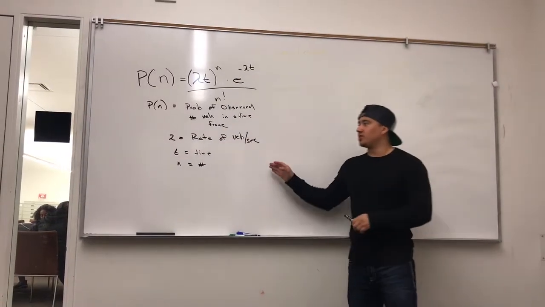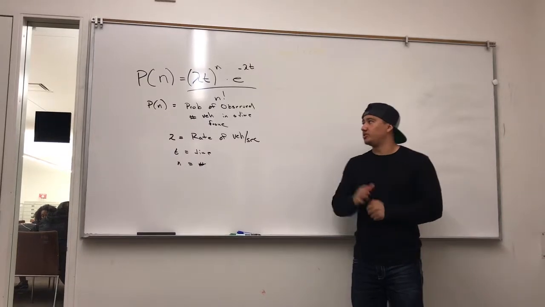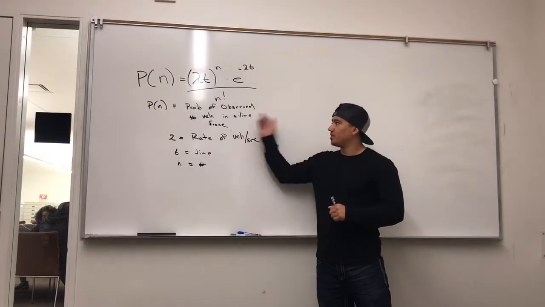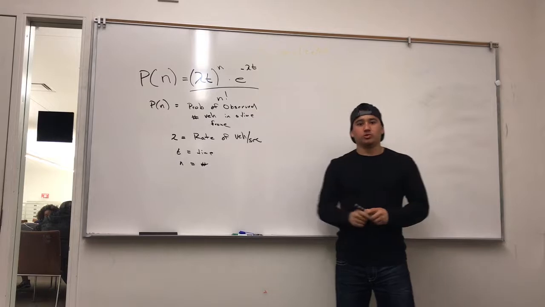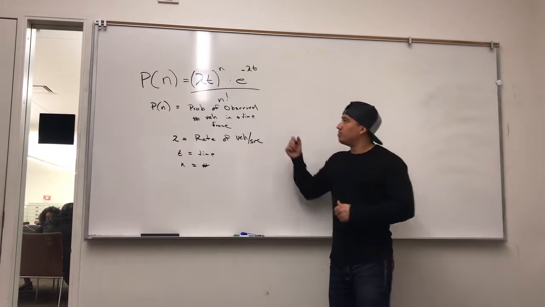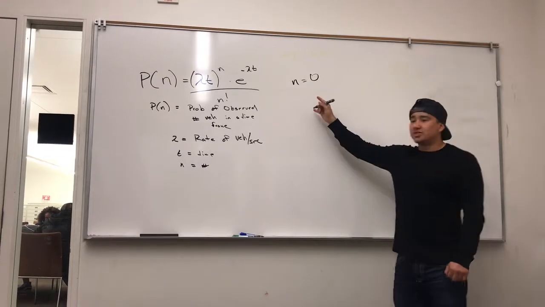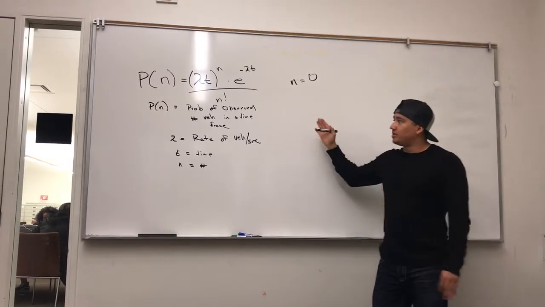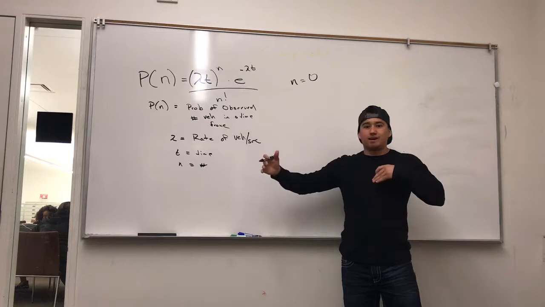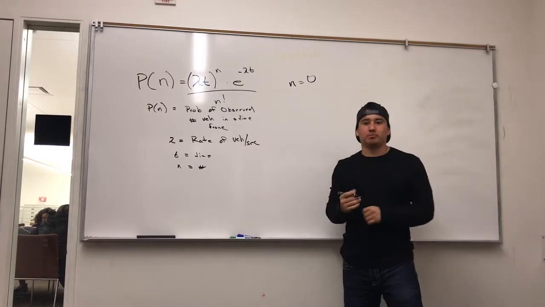Alright, so this formula isn't only used to determine the amount of vehicles. We could also make the n equal to 0, and this way we could find the probability of a certain amount of time where there's no cars passing by.